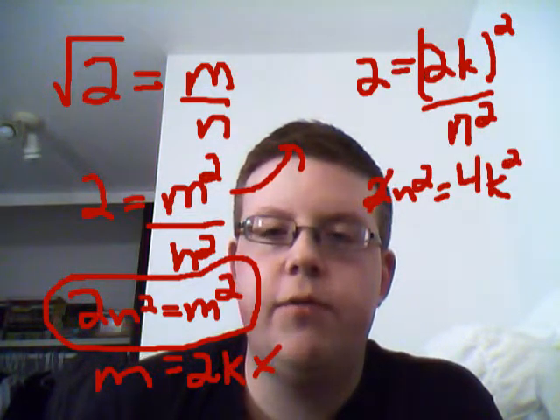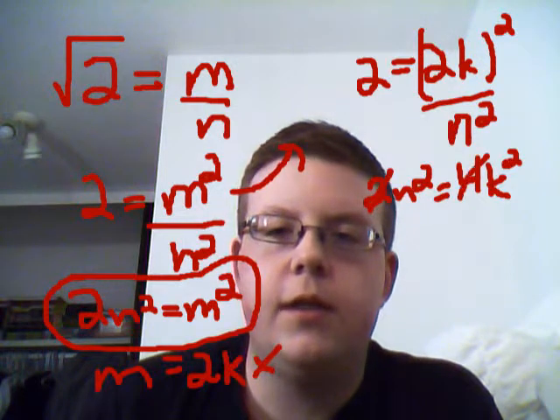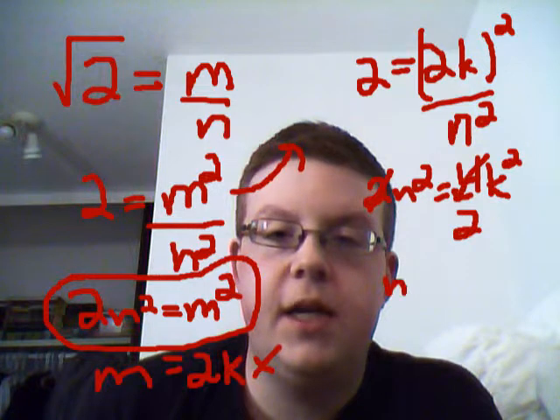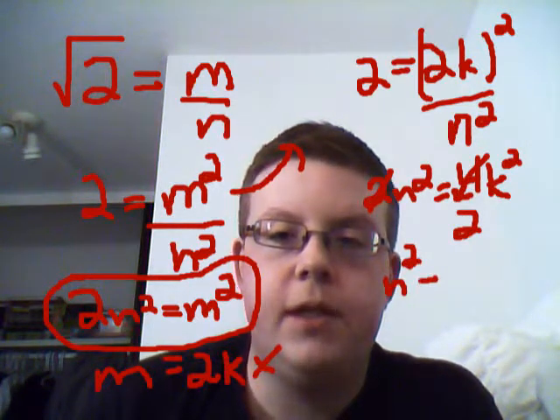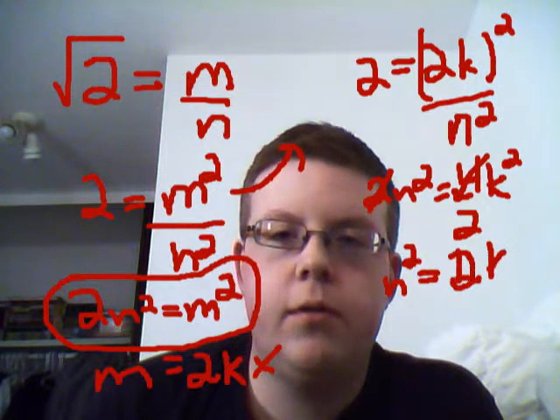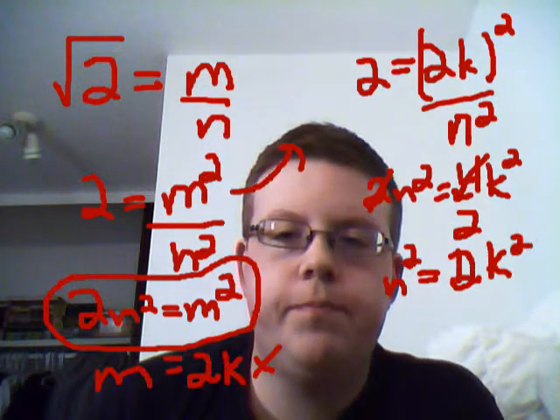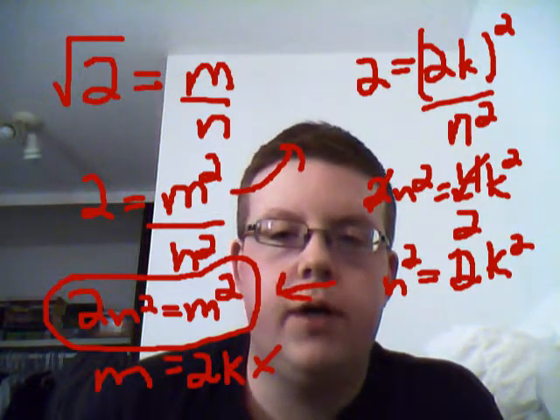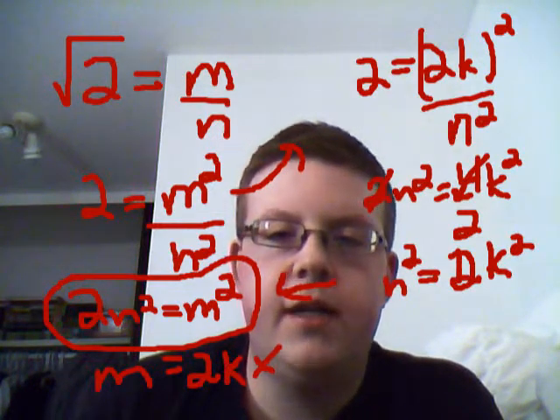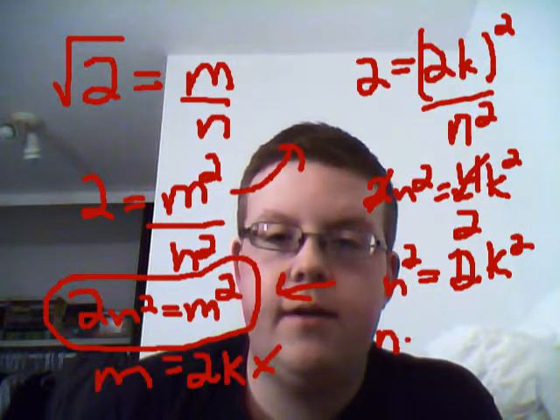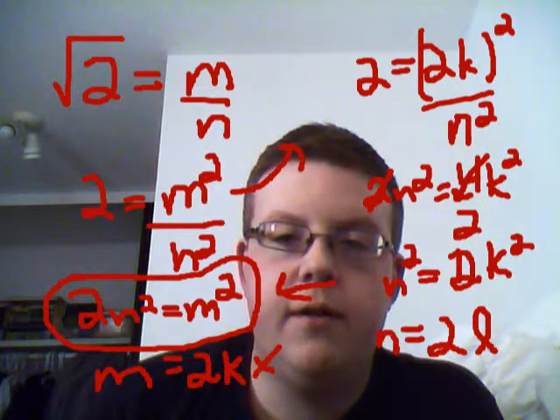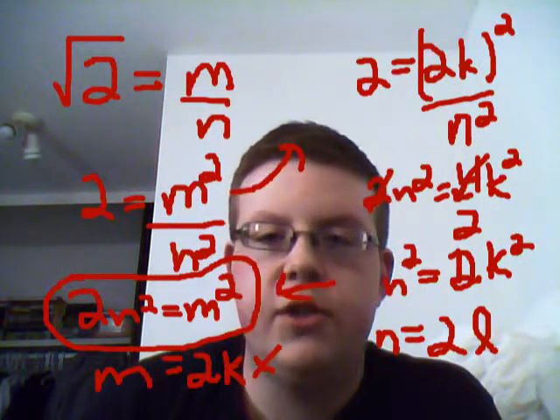We can cancel out a 2, dividing by 2 on both sides. That means that n squared is equal to 2k squared. But, like over here, similar idea, this means that n is even. So it's equal to 2 times some integer L.